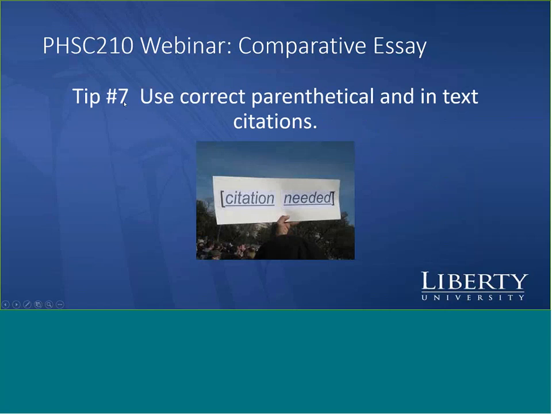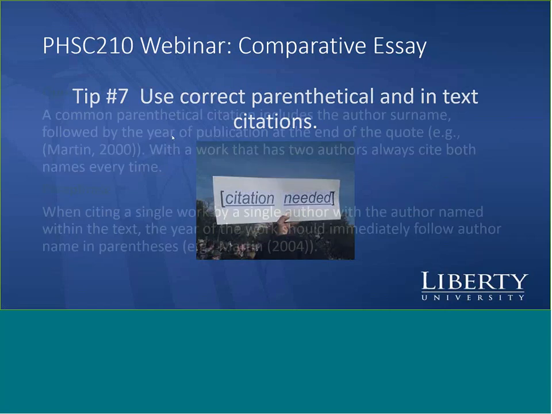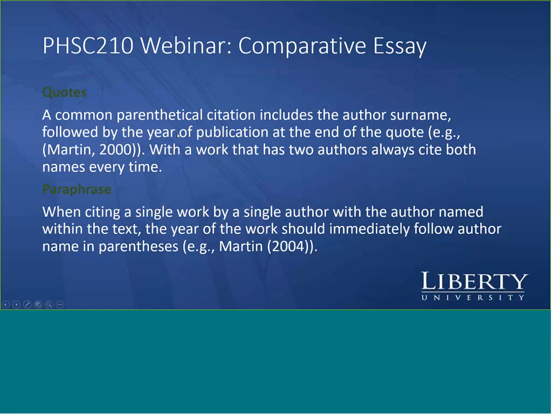Tip number 7, use correct parenthetical and in-text citations. Parenthetical would be a quote. Common parenthetical citation is at the end of the quote. So if you quote a source, make sure you put their name in parentheses with publication date at the end, separated by a comma.